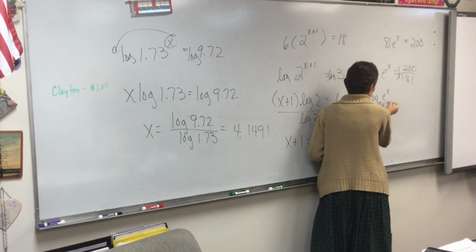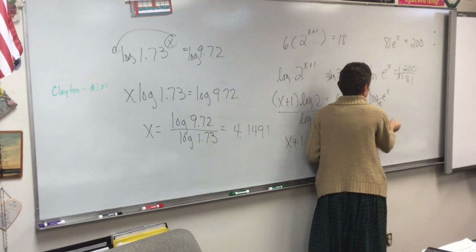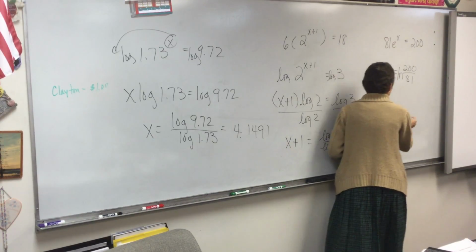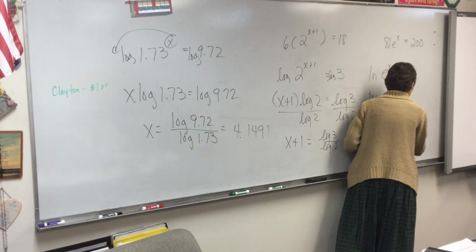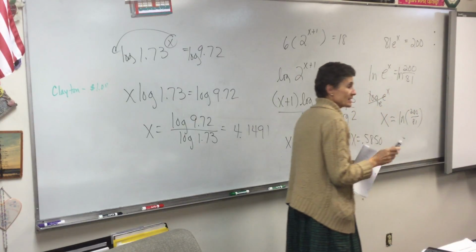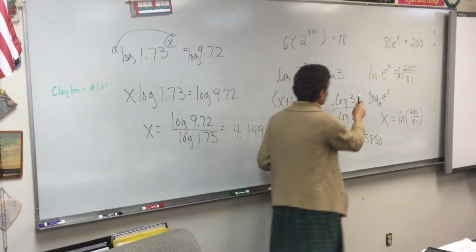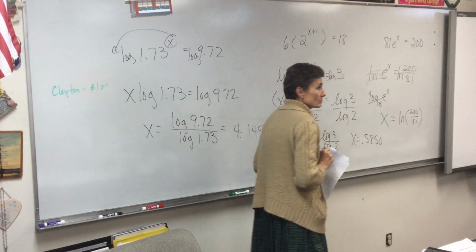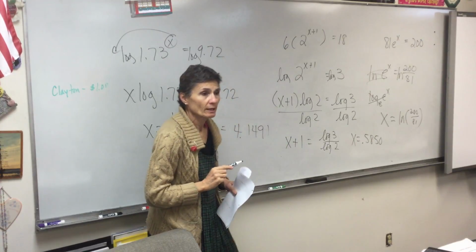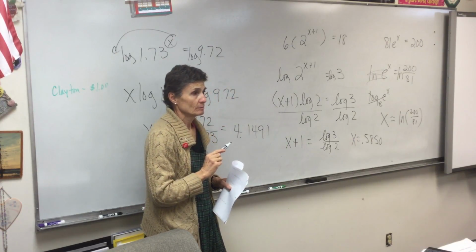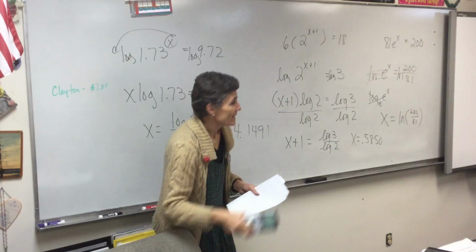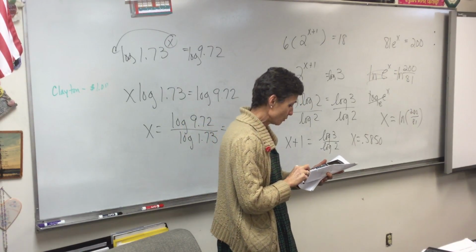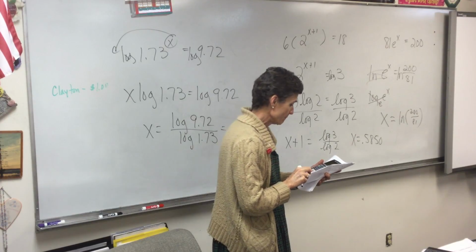So all we have is x equals ln 200 over 81. That's the whole answer, because when you ln an e, they cancel. Every time you ln an e, they cancel. So our answer is ln, make sure you're pressing the right button, 200 divided by 81.